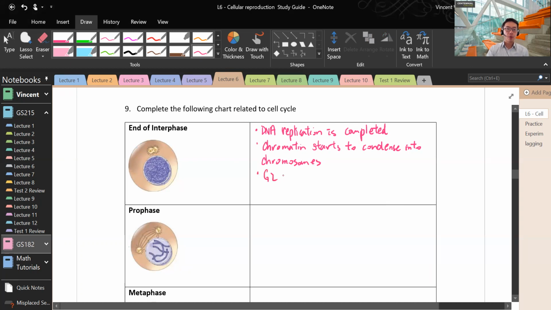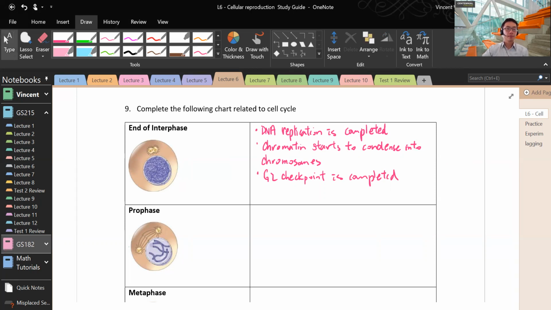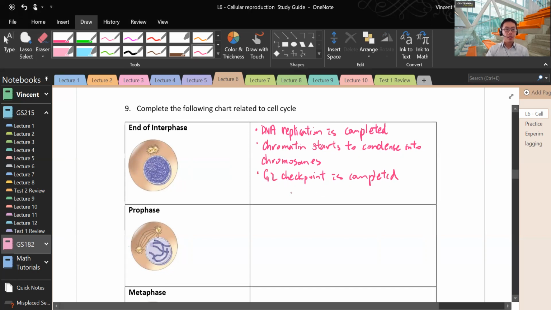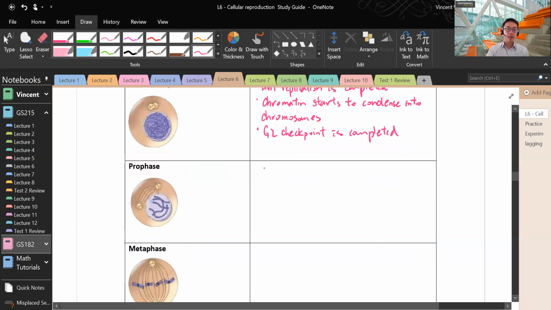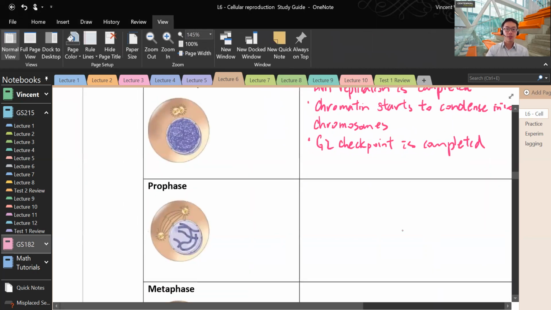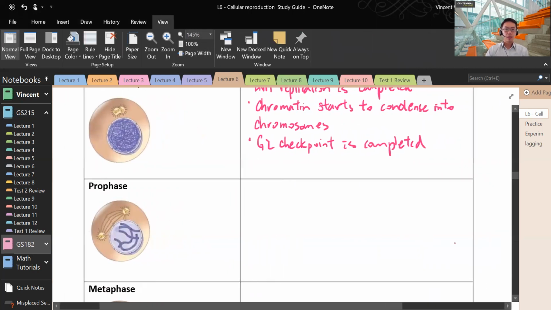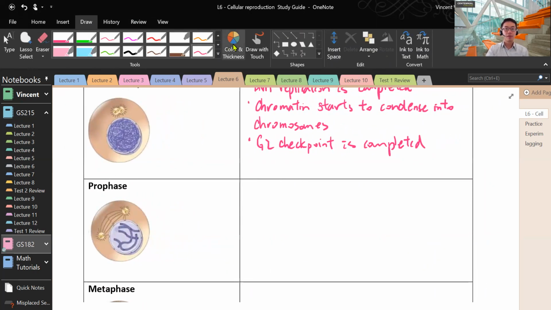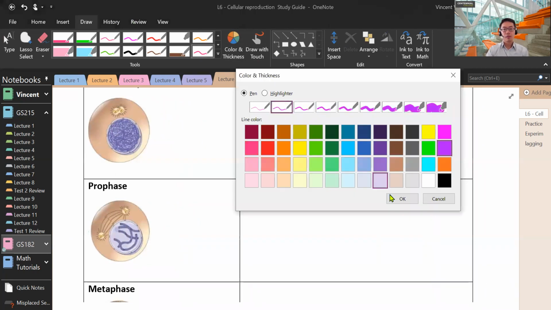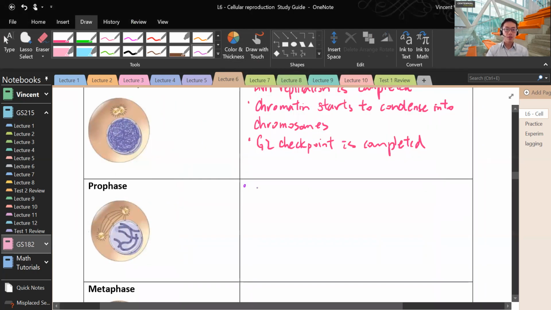The G2 checkpoint is completed. Then we go to prophase. A bunch of things happen in prophase.